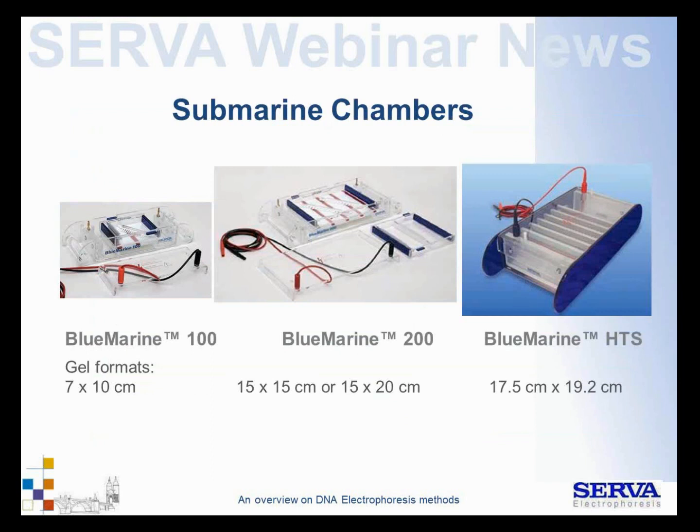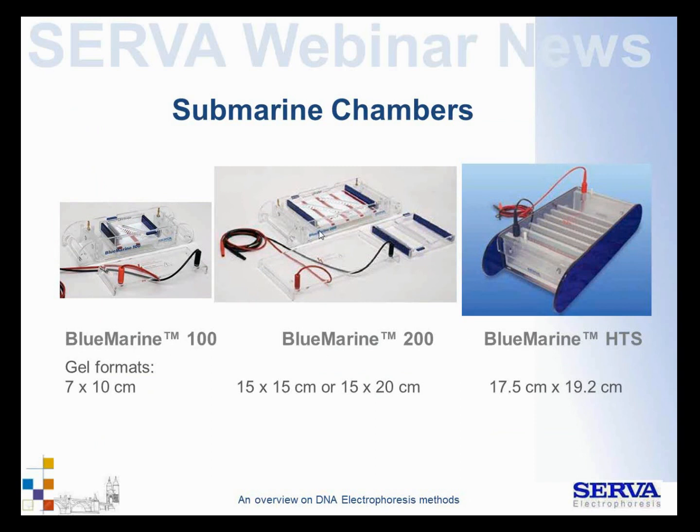Now here you see some examples of the chambers that are offered by SERVA, from the very small one, the Blue Marine 100, with a 7 × 10 centimeter gel format, to the larger ones, the Blue Marine or Blue Marine HTS.